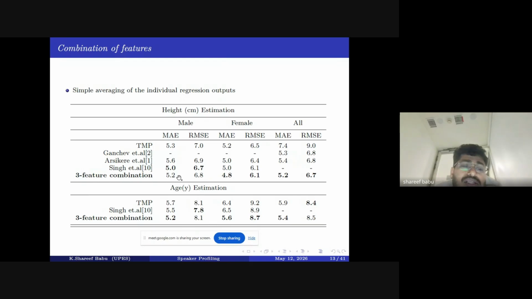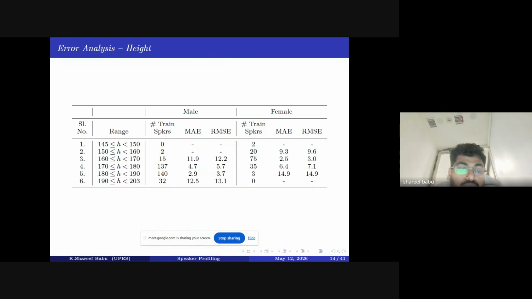And we are on par with the state of the art, only 0.1 year less when it comes to the RMSE for height estimation. Similarly, for age estimation, the three feature combination works better too.